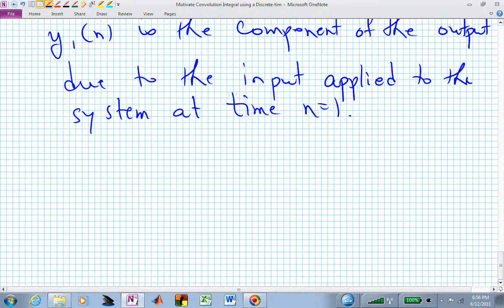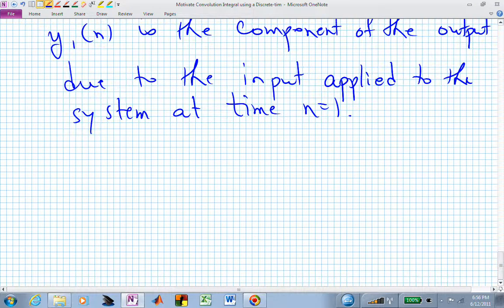We know what the pulse response looks like when we had a pulse of 1, or that's by definition what the pulse response is. Now we have an input of amplitude -1.